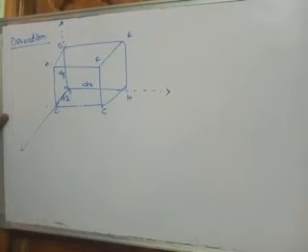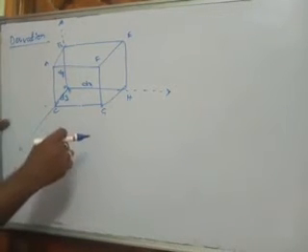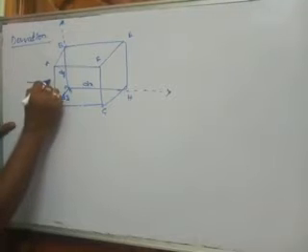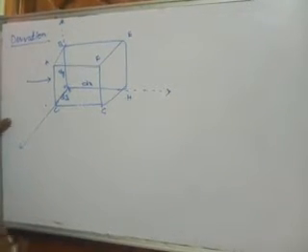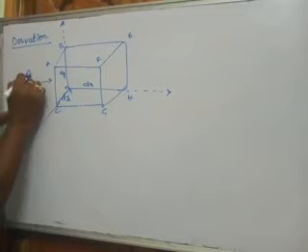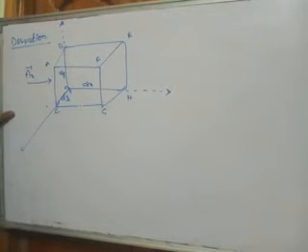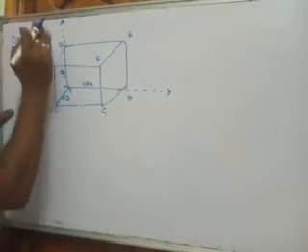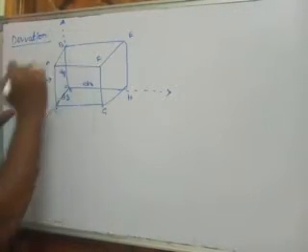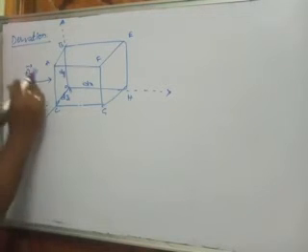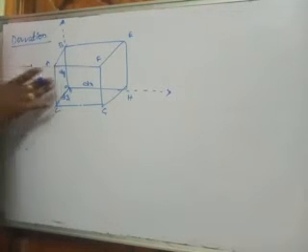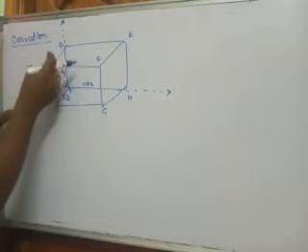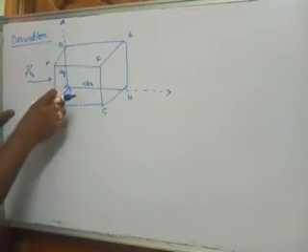Now let us assume the vector field Ax bar along the x-axis on the left side. See there, this field is entering into the small volume element from the left plane ABCD.